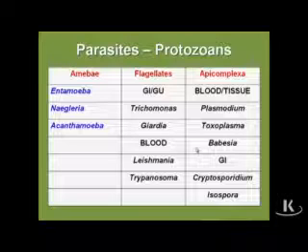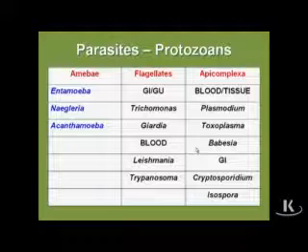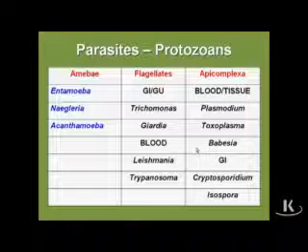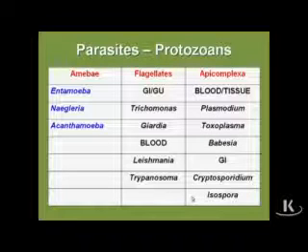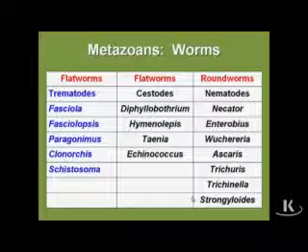Babesia is also fairly high yield for step 1 because it causes co-infections with Lyme disease, so it's actually a fairly common parasitic infection in the U.S. The GI infections are also going to be important, but those are going to show up predominantly in AIDS patients, and those definitely have found their way to step 1 USMLE.